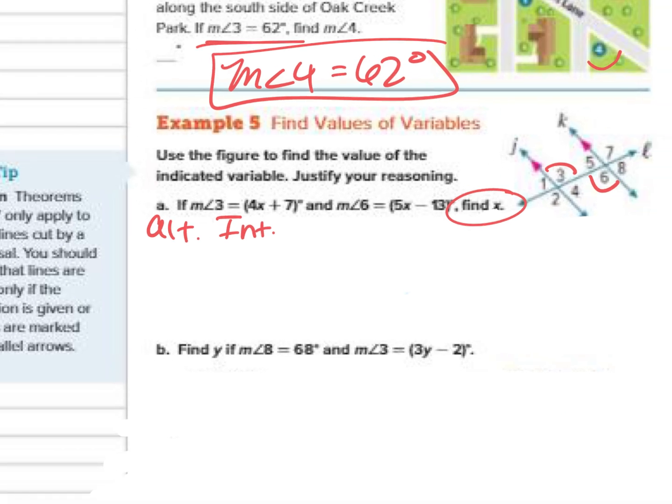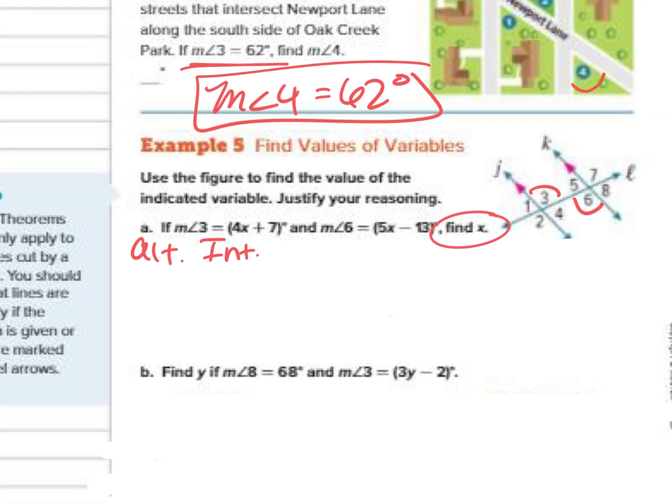Another reason: angle 3 looks like an obtuse angle, and angle 6 also looks like an obtuse angle. Because they're both obtuse, they should be equal in measure. So I'm going to set the expressions equal to solve.